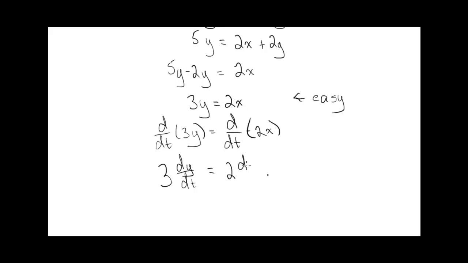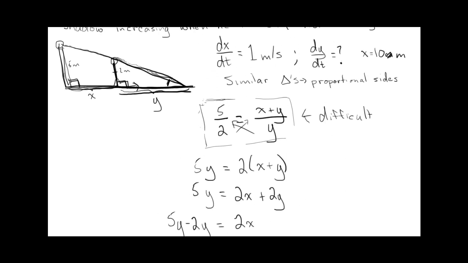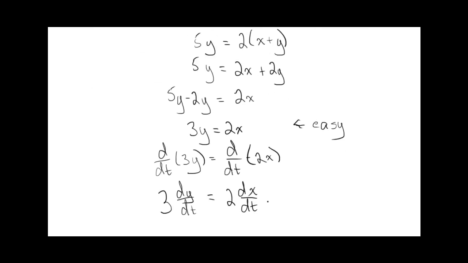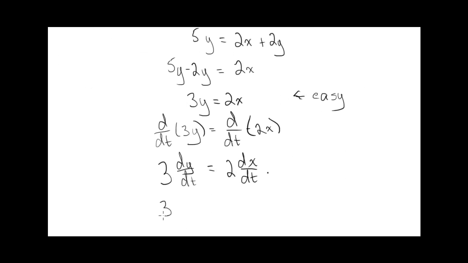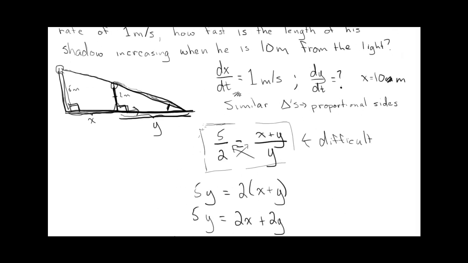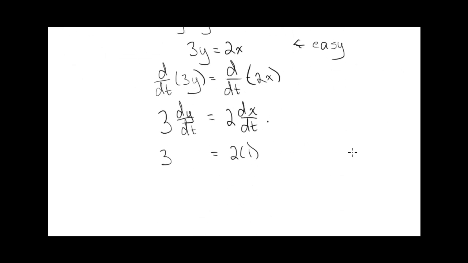2 dx/dt. So now remember, what are we looking for? We were told dx/dt is 1. So 2 times 1, and then dy/dt is what we're looking for. So we'll leave that.